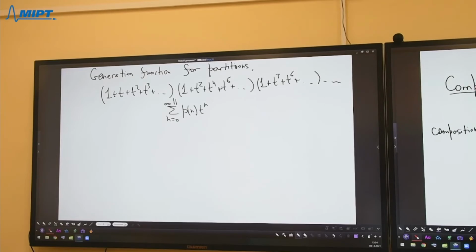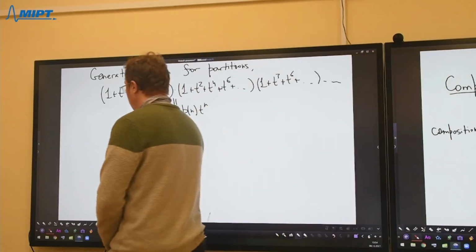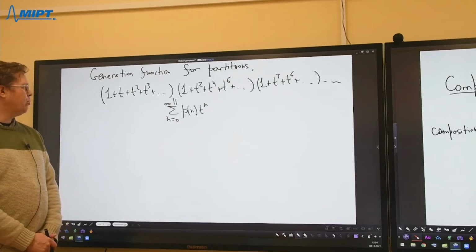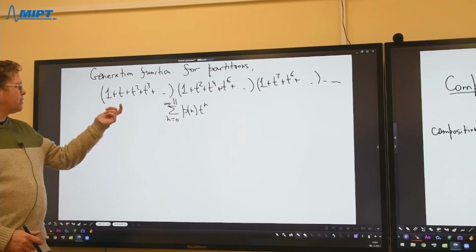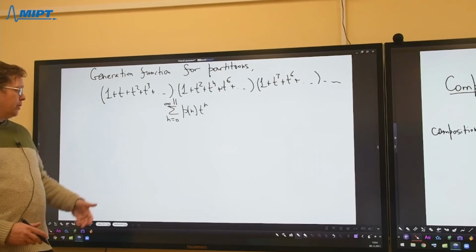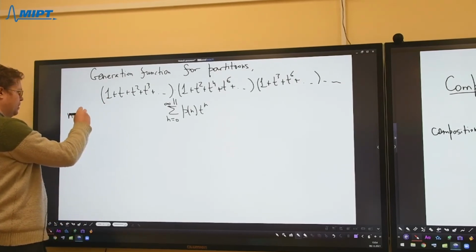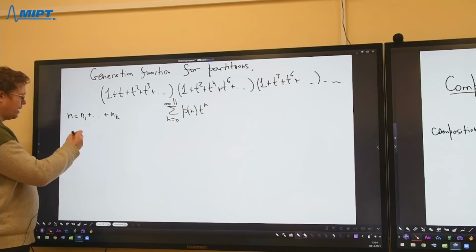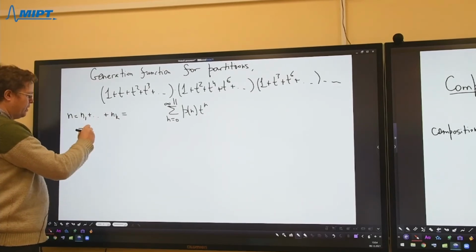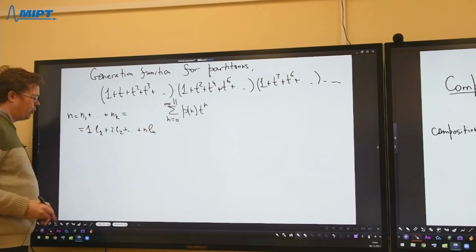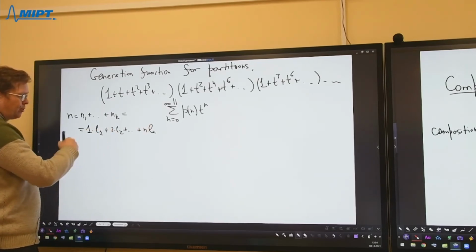If we look at the partition, if we look at the Young diagram, we can calculate how many parts are ones, how many parts of this partition are twos, and so on. So if we have some partition of n, we can rewrite it as L1 times 1, L2 times 2, etc., Ln times n, where L1 is the number of ones here, L2 is the number of twos here, and so on.